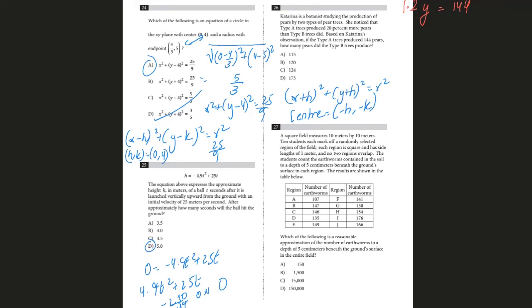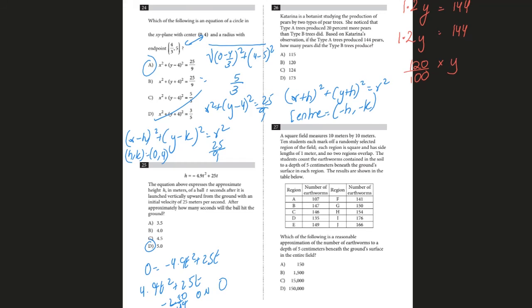Just to go over it again, if type A is producing 20% more pears and type A is producing 144, then if y is the number of pears produced by type B, 20% more would mean it is 1.2 of y, or 120/100 of y, because it's already 100%.